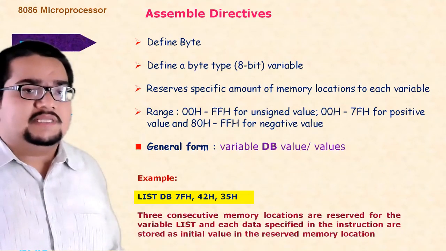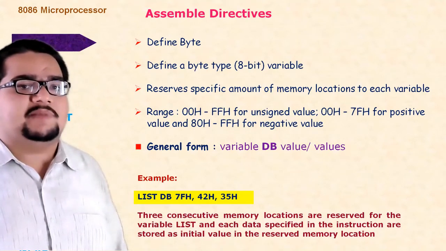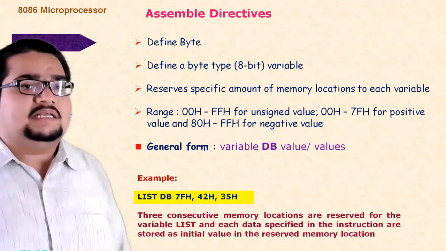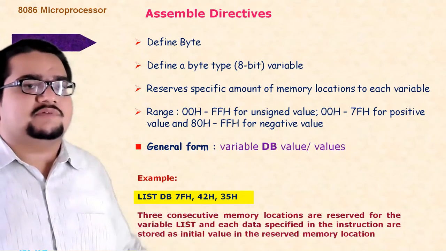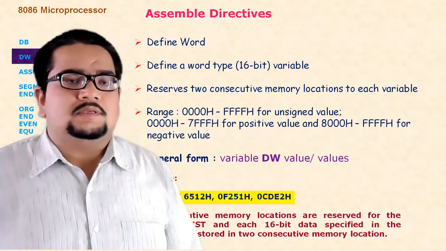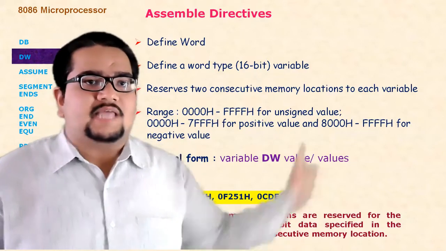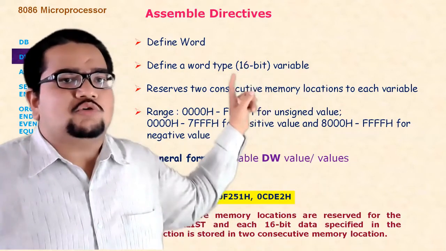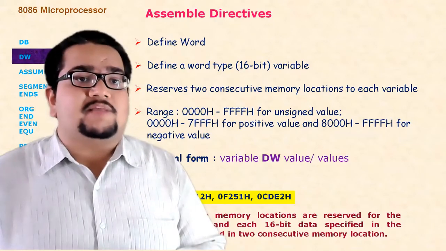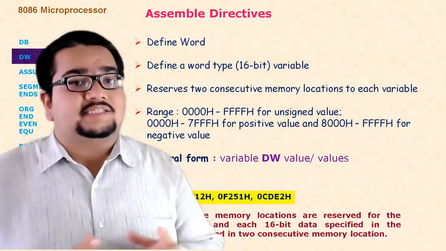Okay. So here what will happen is 3 consecutive memory locations or spaces will be reserved for the variable list, such that 3 elements, each of 1 byte size, can be stored into that. This is define word, as you can see here. It is similar to define byte, but the only difference is that here I am declaring my variable size to be 2 bytes, that is 16 bits.